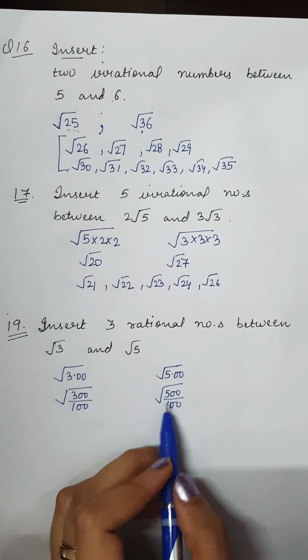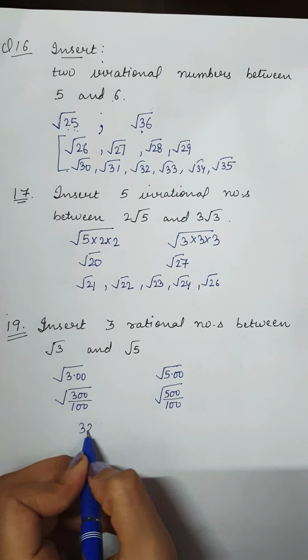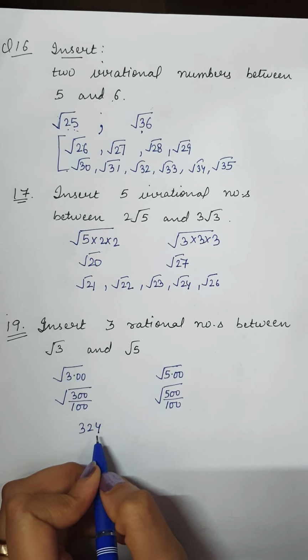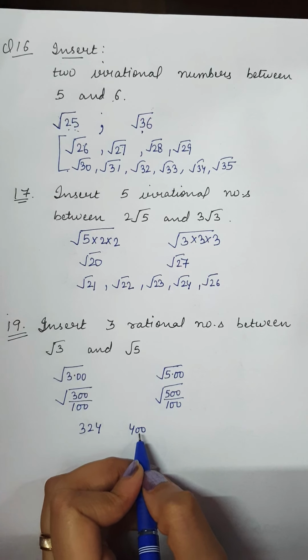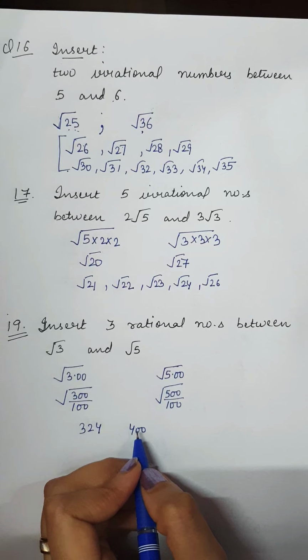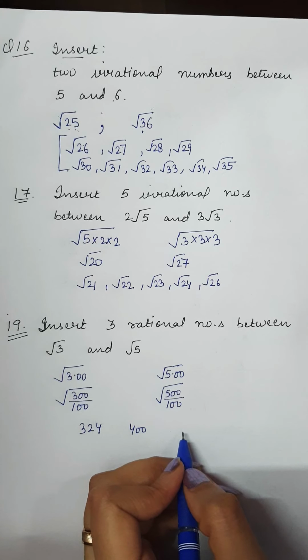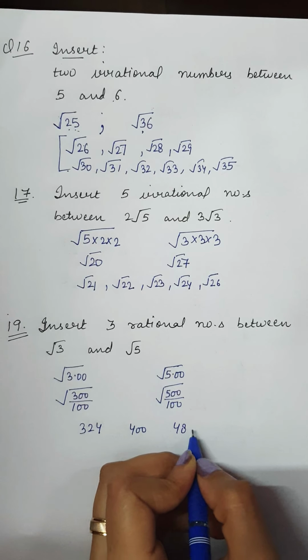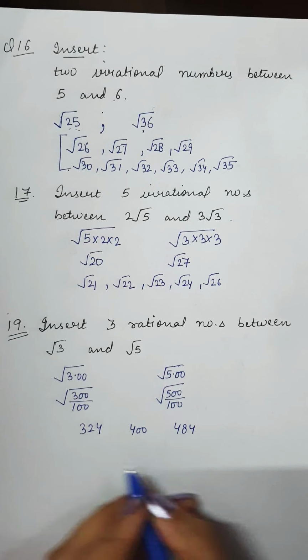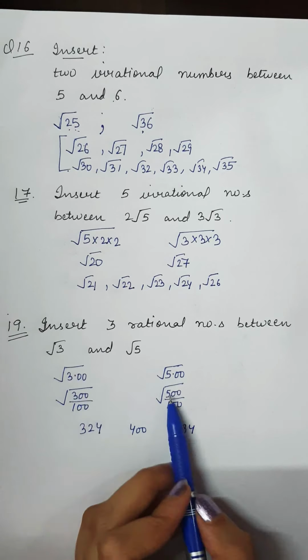Let's say 324, square of 18, 400, square of 20, and let's say square of 22. All the numbers are lying between 300 and 500.